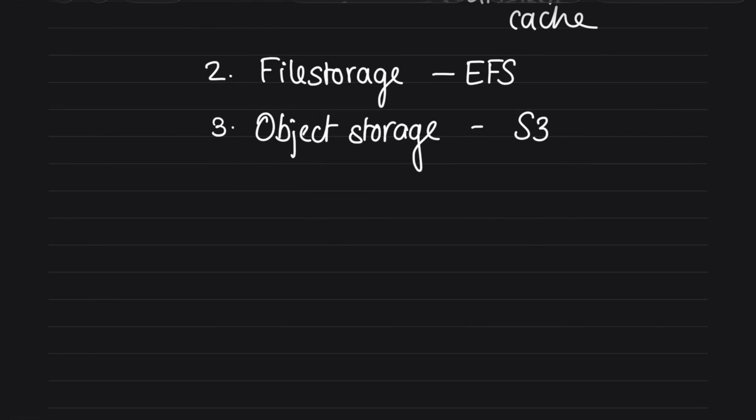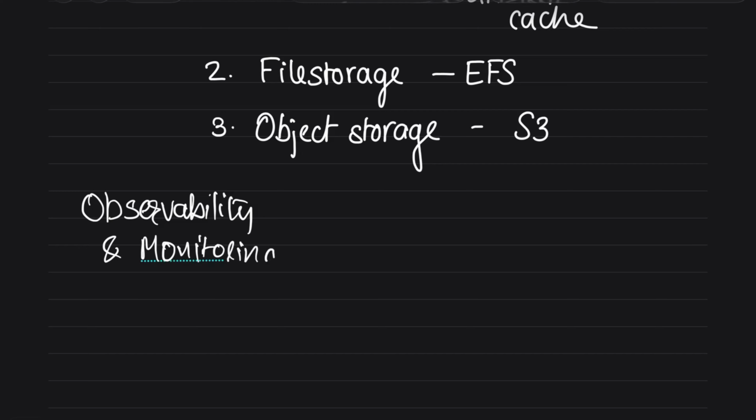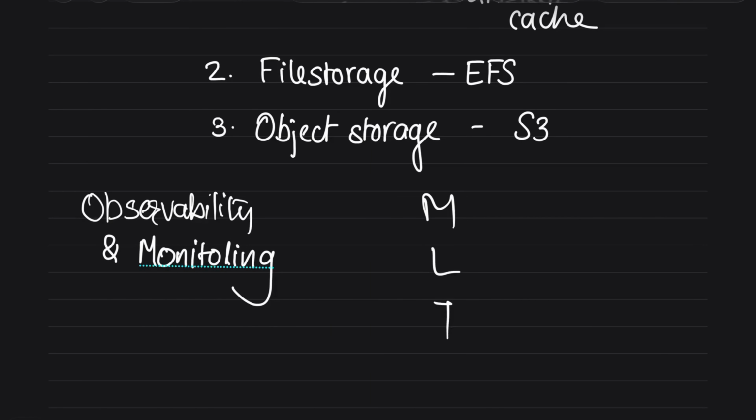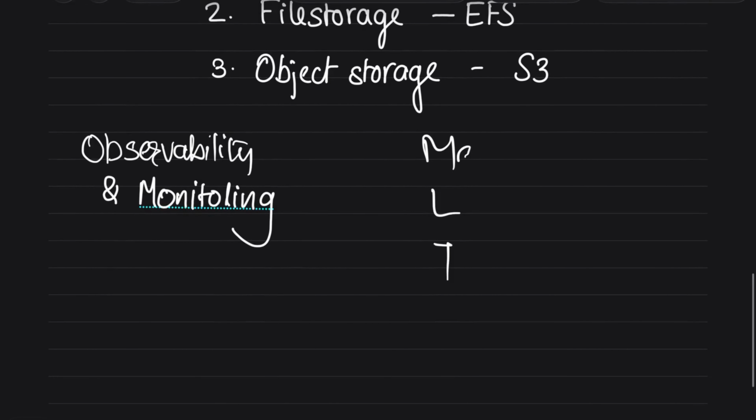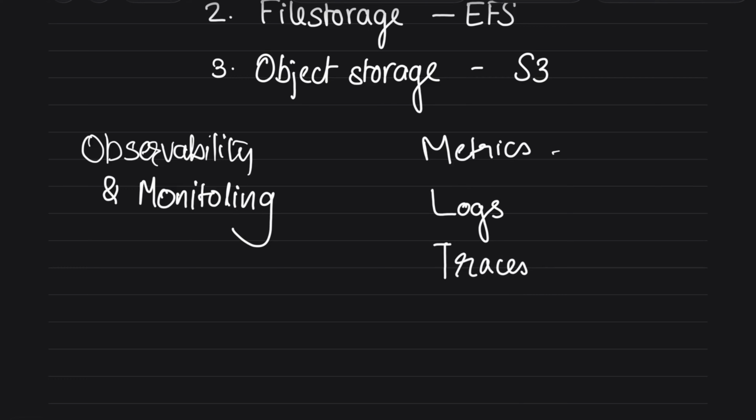Now, when your application is up and running, everyone, you will need observability and monitoring in place. That reminds me of my favorite song, MLT: metrics, logs, traces. Proactive monitoring of cloud resources is done using a service called CloudWatch.